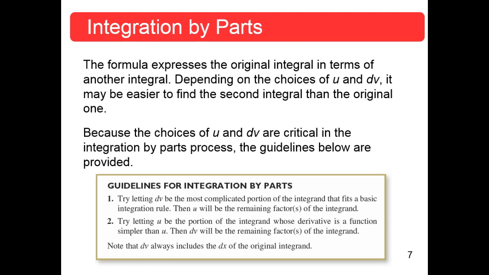While the dv part, okay, I still would say something else with that. The dv part, when you integrate it to get your v, hopefully it doesn't get any more complicated. That's the rule I use. Note that dv always includes the dx of the original integrand. Of course, the d's go together.